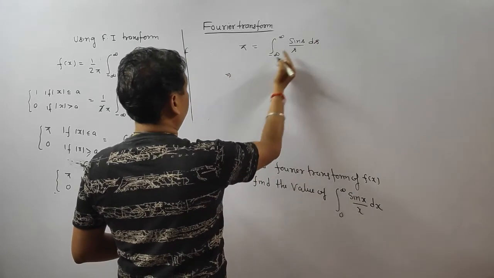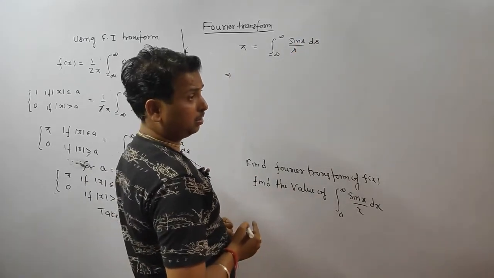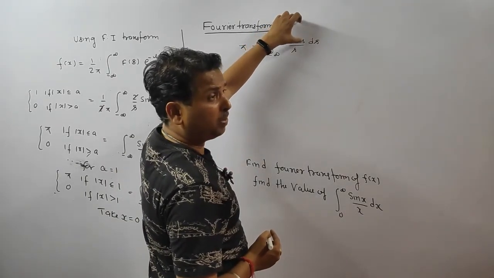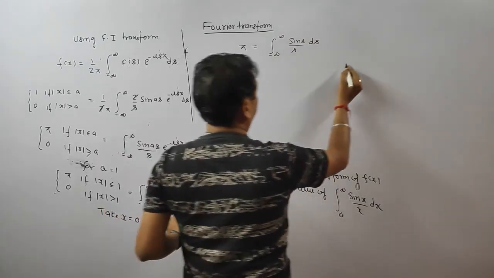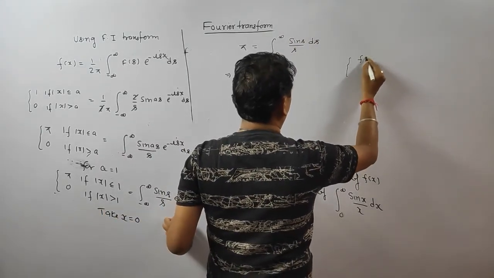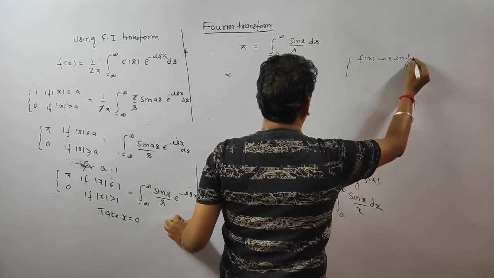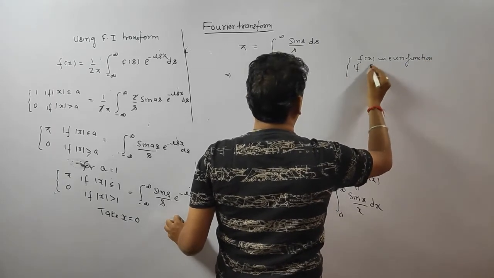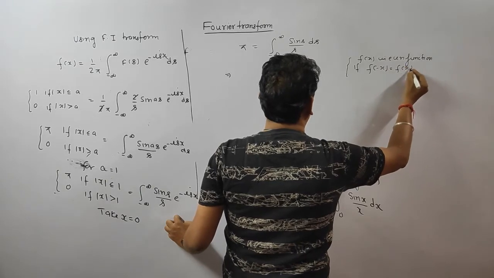This means, because sin s by s is an even function, because sin is odd, s is odd, odd by odd means an even function. You know f(x) is an even function if f of minus x is equal to f(x).